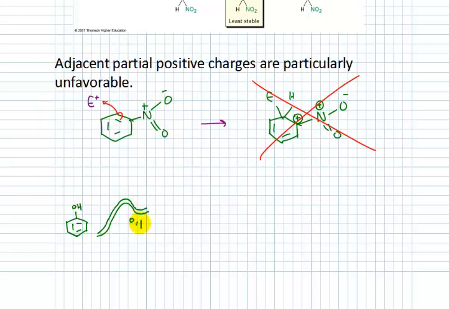That's ortho and para. The meta position is not. Okay. Barrier for ortho and para is lower than the barrier for meta addition. So ortho and para will happen faster.